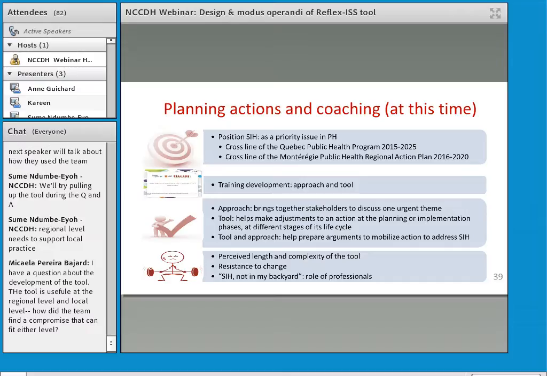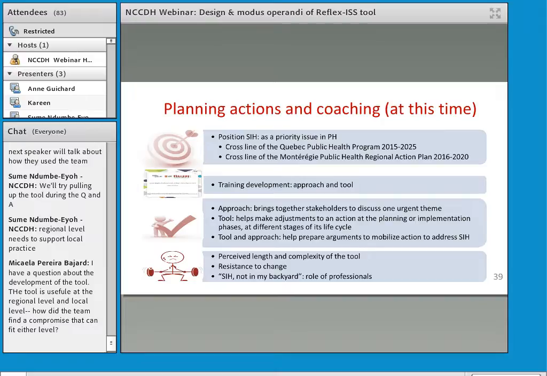So if you go to slide 39, the first thing we did is to plan the action and to really think about what we're doing. In 2015, the Quebec Public Health Program went out, and social inequality is one of the main themes of the public health program.